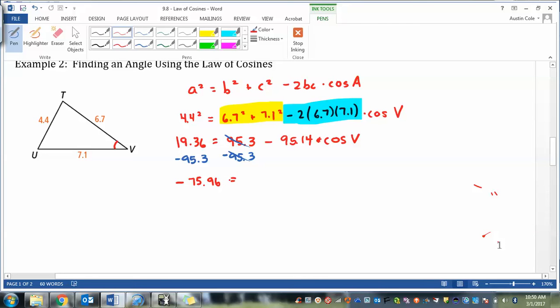Yep. Oh, sorry, I did get that. I don't know why I said 6. You get your 4s and 6s mixed up? I guess so. Okay. Now, don't forget this negative sign. This has gone away. This whole thing's gone, but the negative's still there. Negative 95.14 times the cosine of V. Now we're trying to solve for cosine V, so I'm going to divide by negative 95.14. So those will go away.